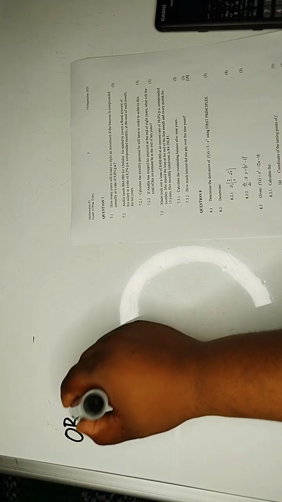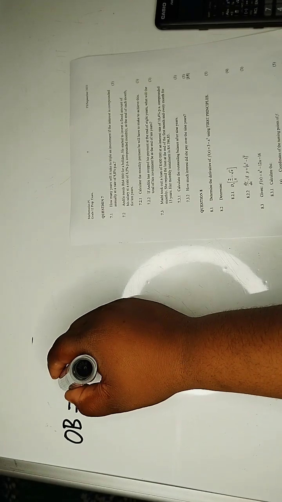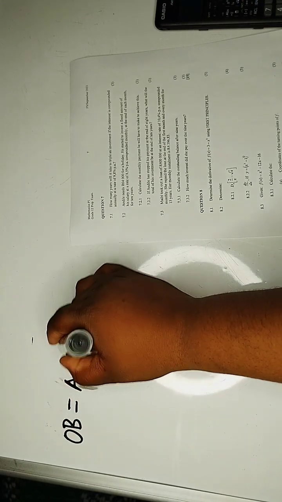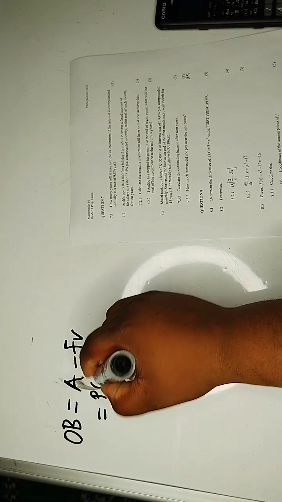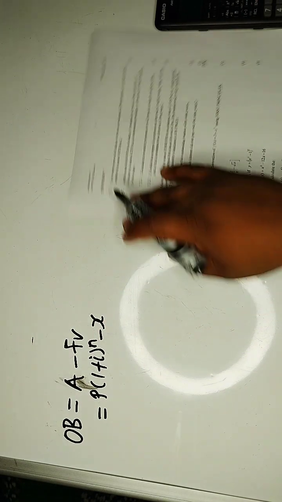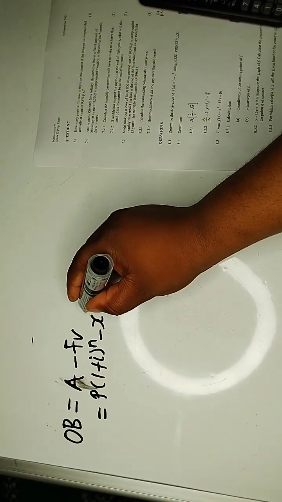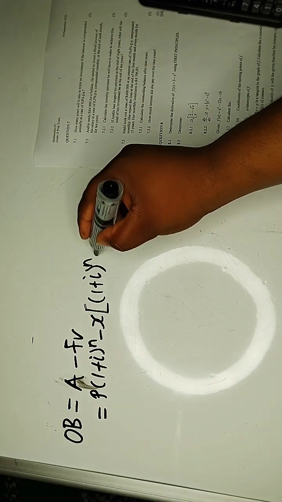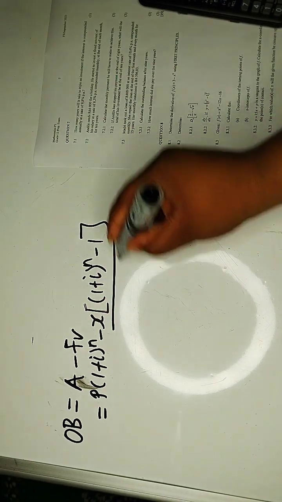The formula for outstanding balance is given by A minus future value. So this will be P into 1 plus i exponent n, minus X into 1 plus i exponent n minus 1 all over i.